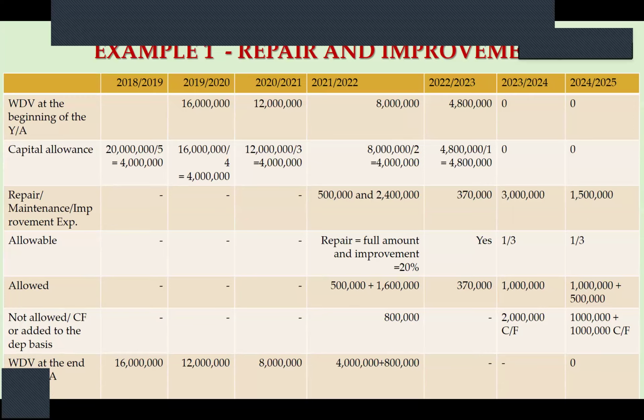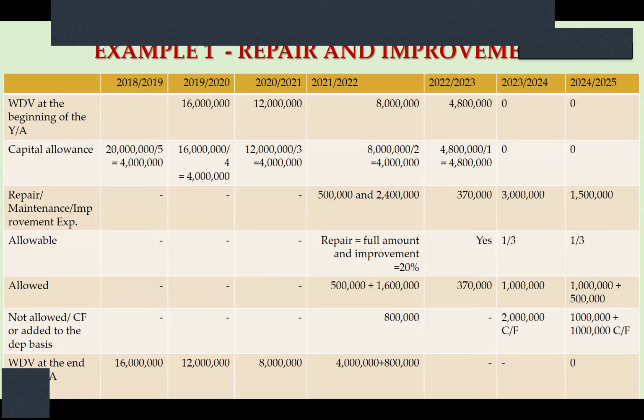Then we have only 1 year to deduct capital allowances, that is 4.8 million. So that is the written down value, 4.8 million. 4.8 million divided by 1, 4.8 million is the capital allowance for the year of assessment 22-23. Then what is the written down value for that year?